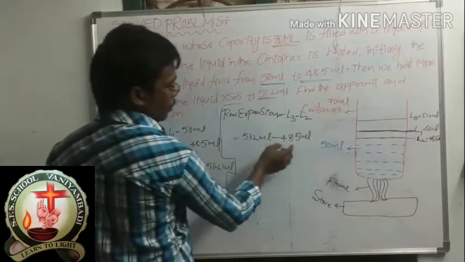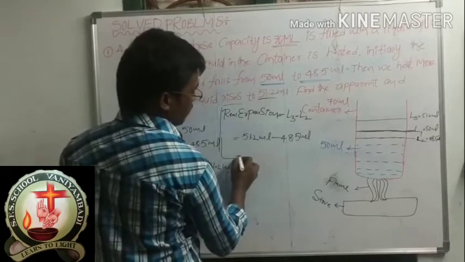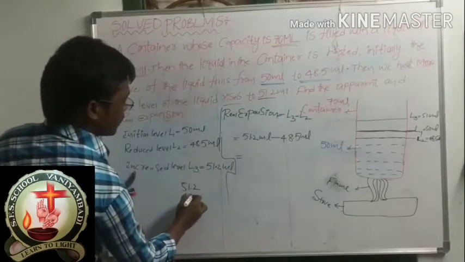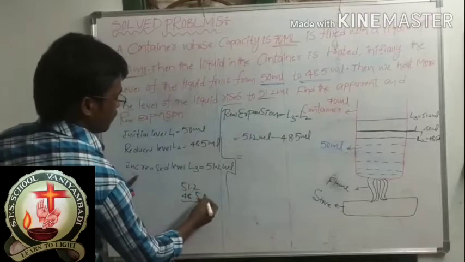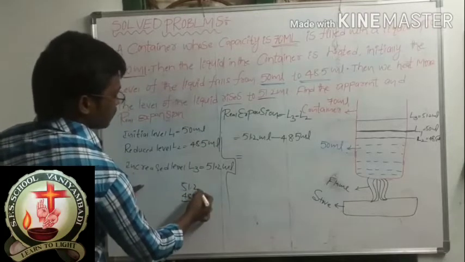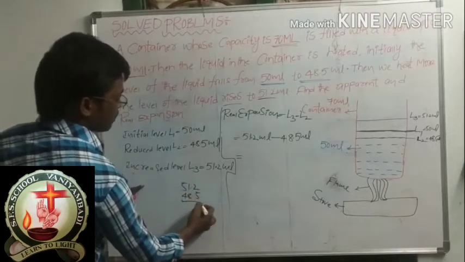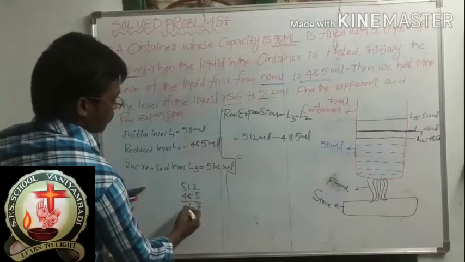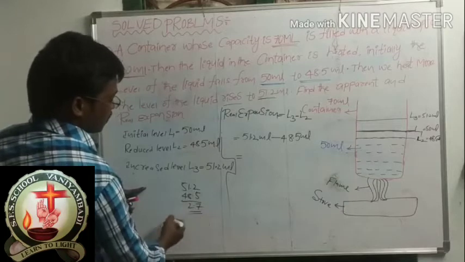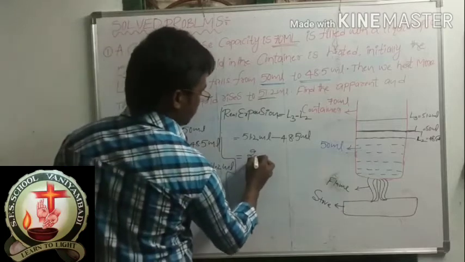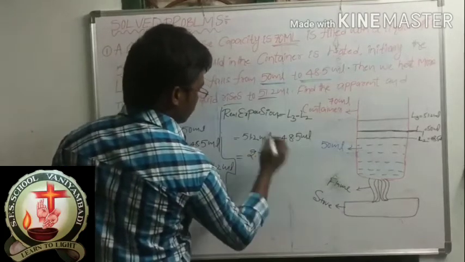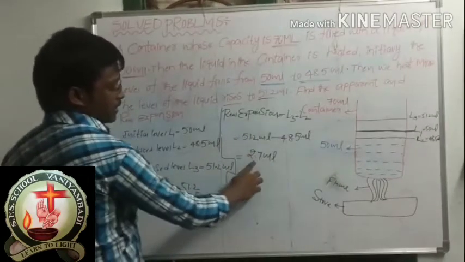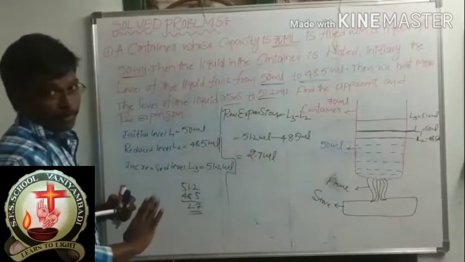Reduce it, 51.2 minus 48.5. What is the answer? 2.7 ml.